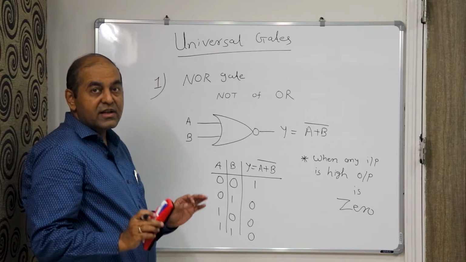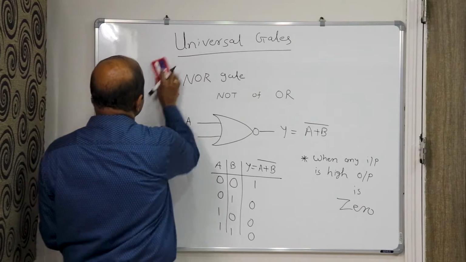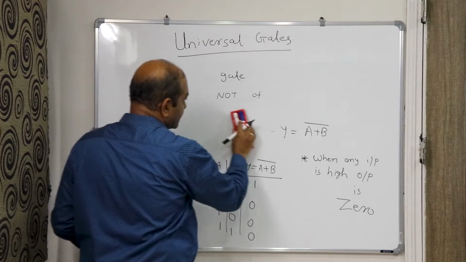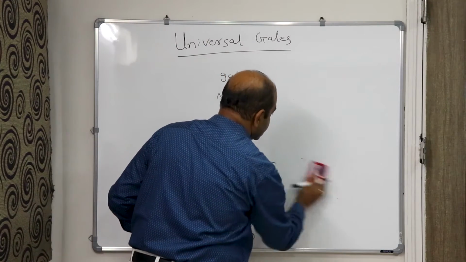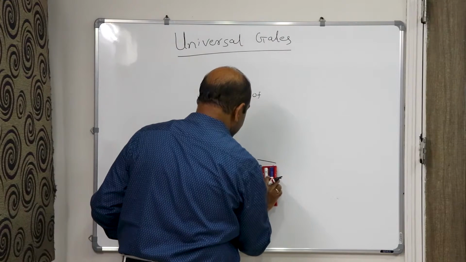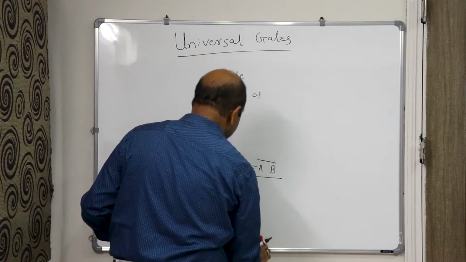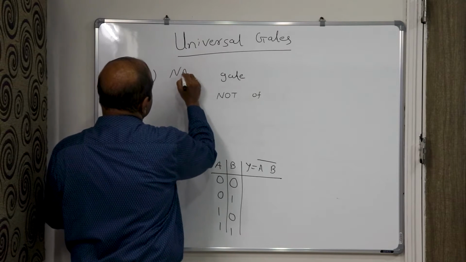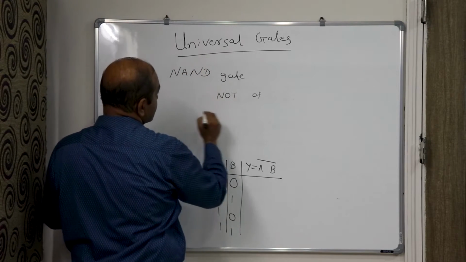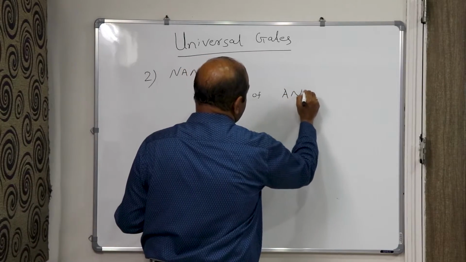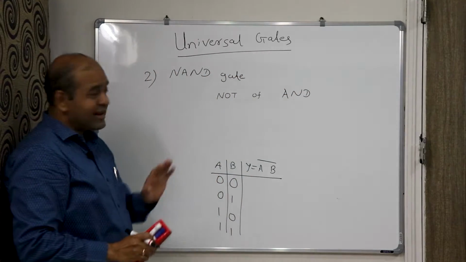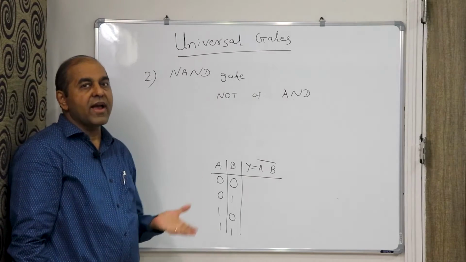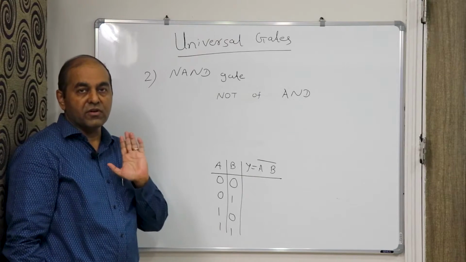Second gate is a NAND gate. NAND gate means not of AND. Output of AND gate is inverted.